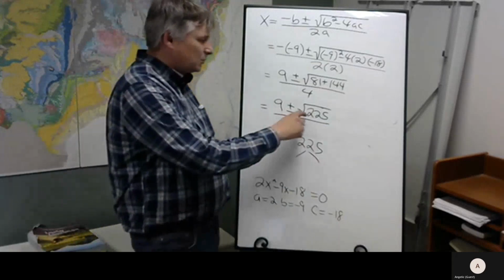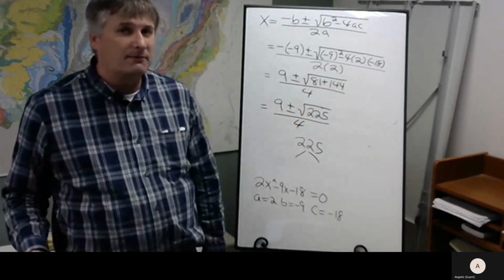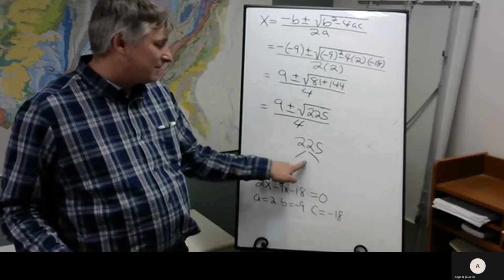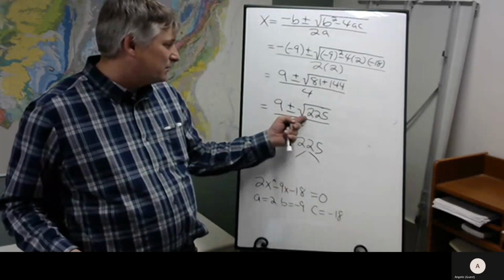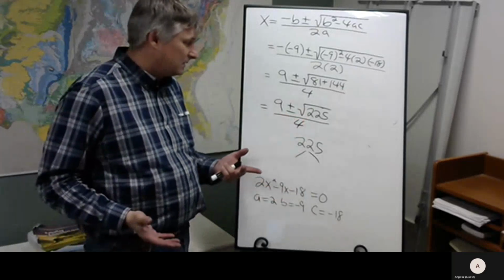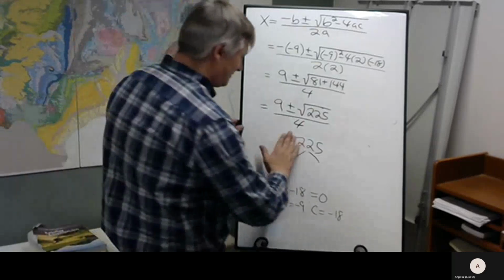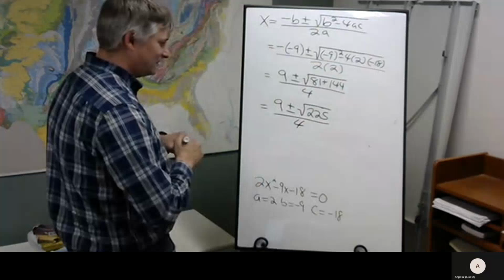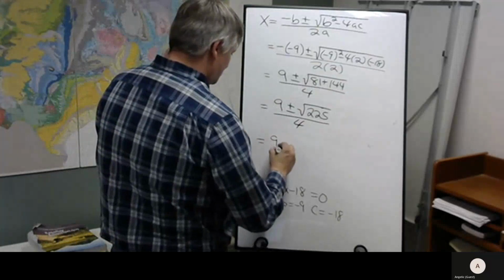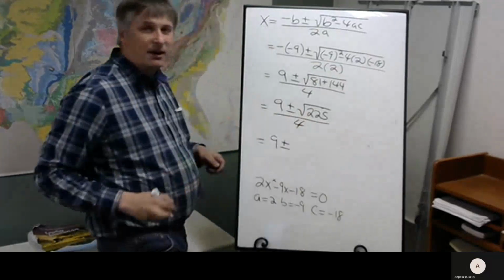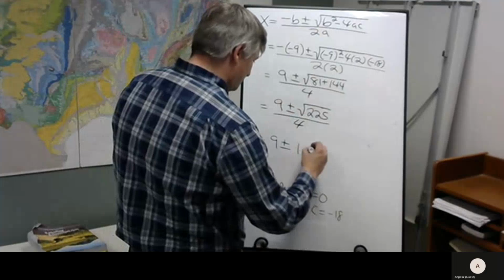So one thing with these square roots, before you break them down into prime factorizations, like we're about to do here, but if we take the square root, we're just going to get 15. And then we don't need to do the prime factorization. So the square root of 225 is 15.